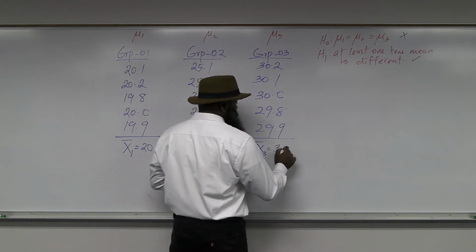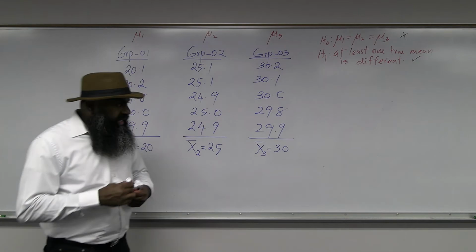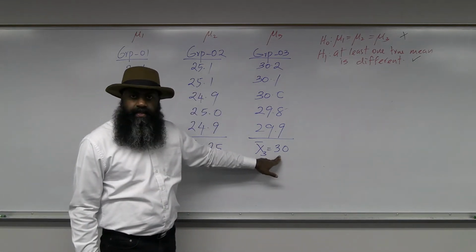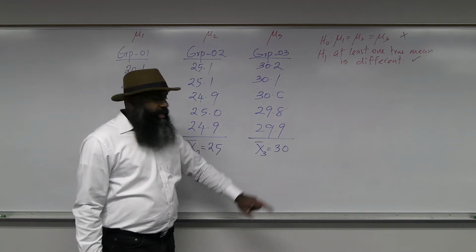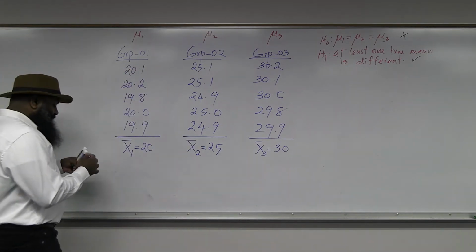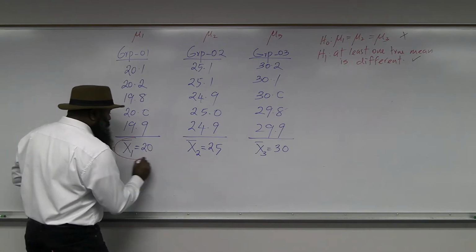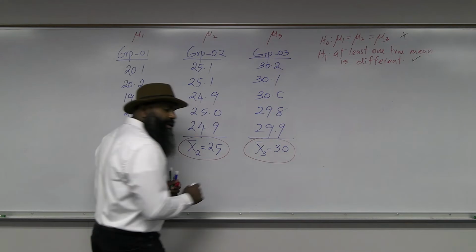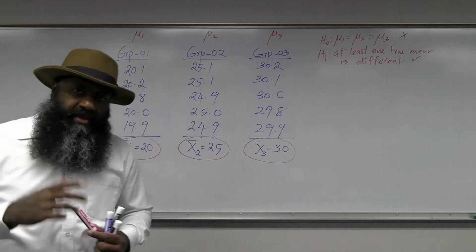That's equal to 30. All the data points in the third group are very close to 30. And if you compare these 3 values as 3 data points, they are very different from each other.